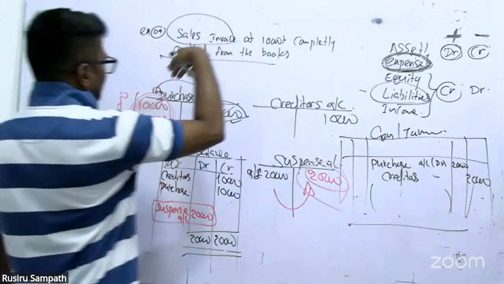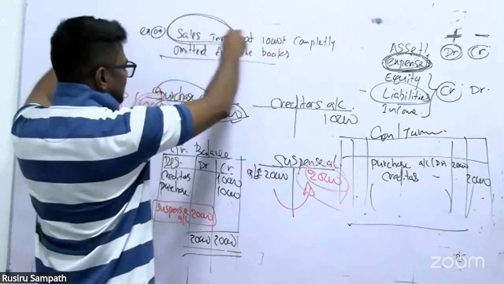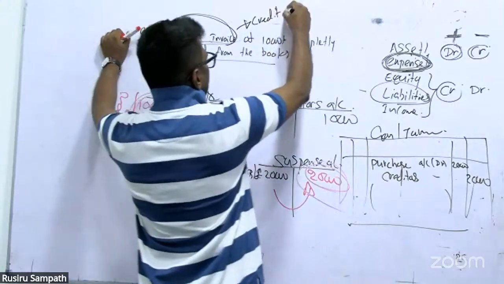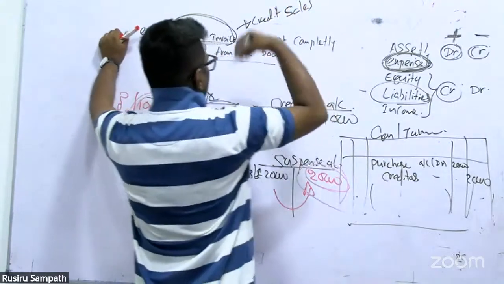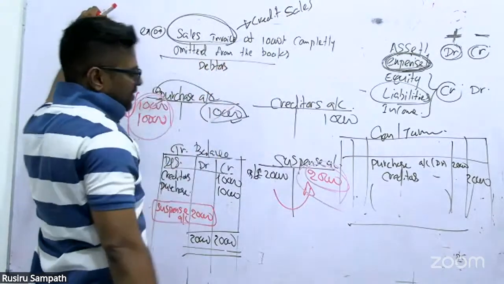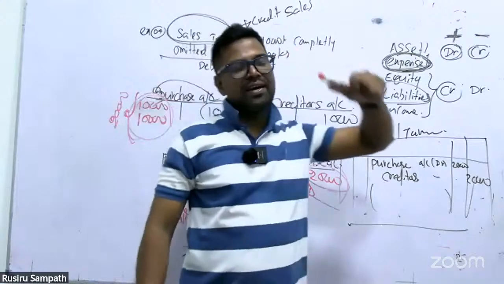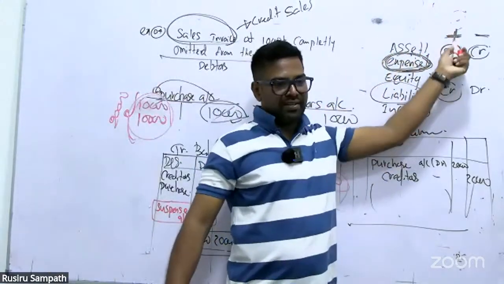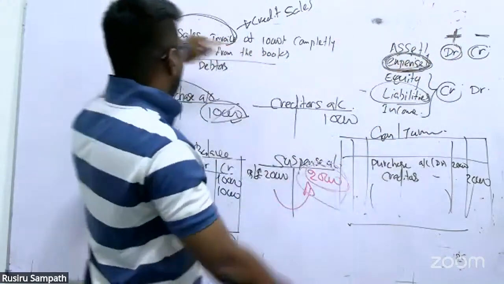Now how to rectify this error? A sales invoice means credit sales. What is the double entry for credit sales? Debtors are assets because debtors are receivable persons. Receivable means an asset, and an asset increase is debited.